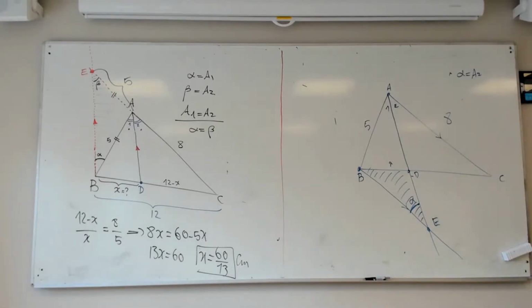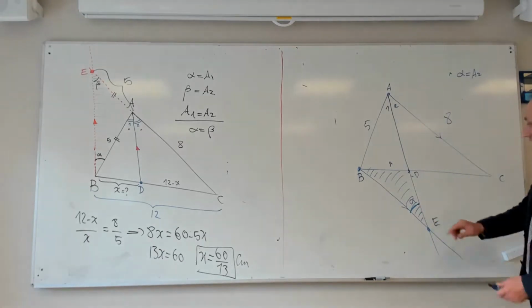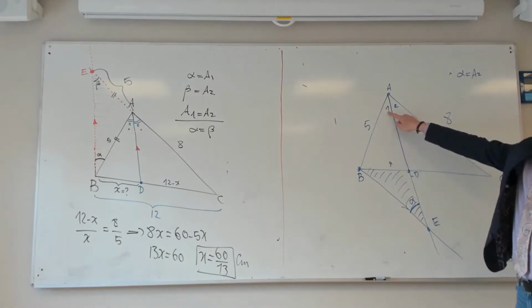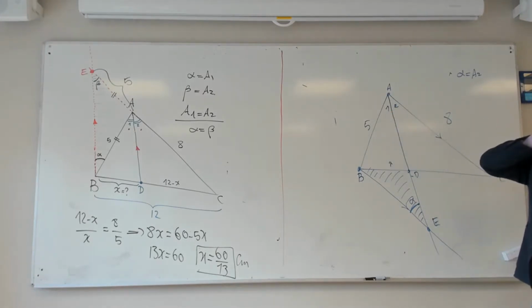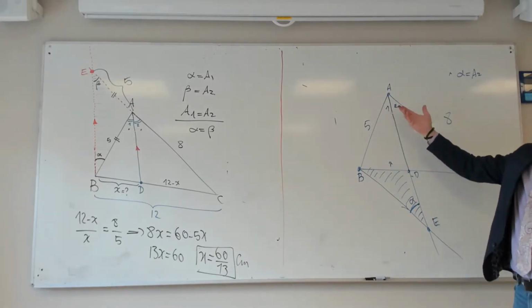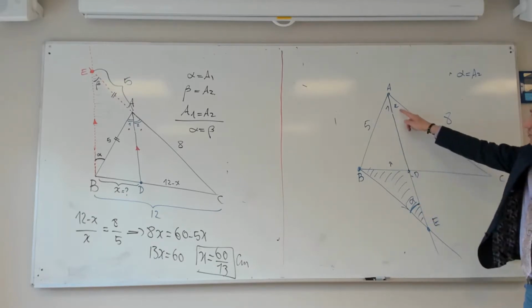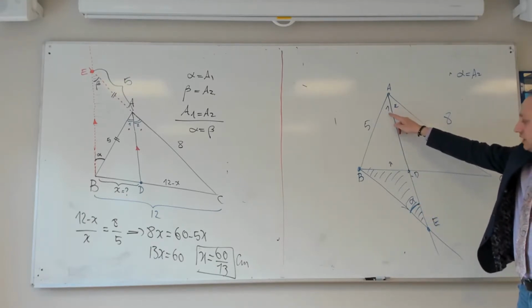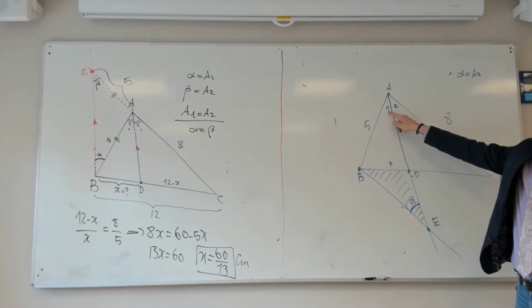Okay? But now, let us see the problem from another perspective. And then what happens? It is much simpler, by the way. This alpha is also equal to A1. Why? Because A2 and A1 are the same. Alpha is equal to A2, A2 is equal to A1, so alpha and A1 are the same.